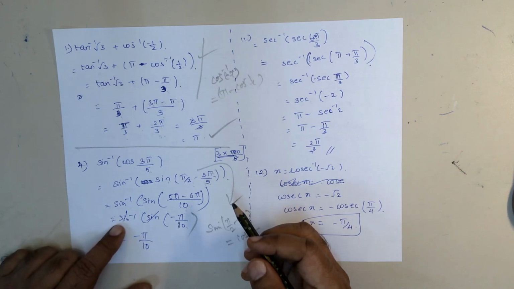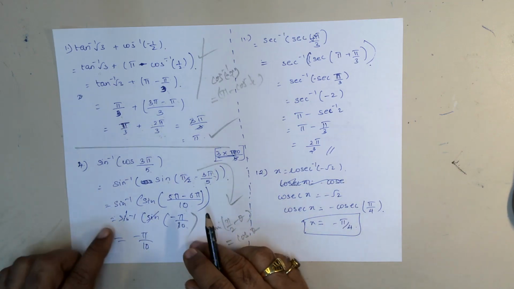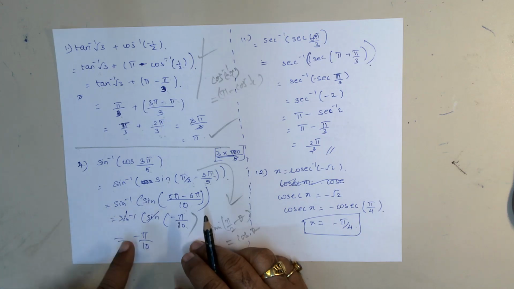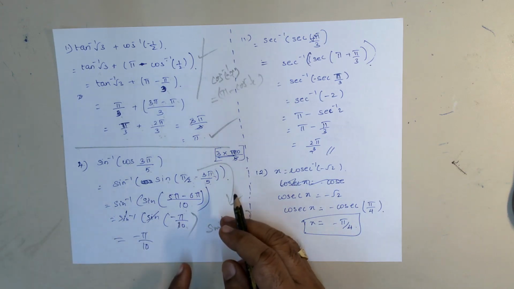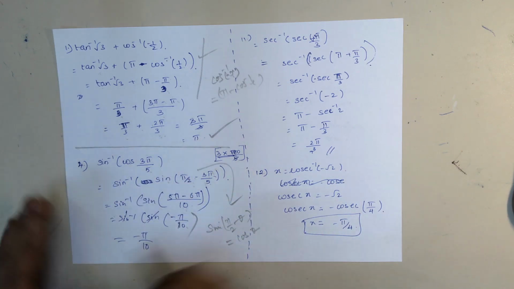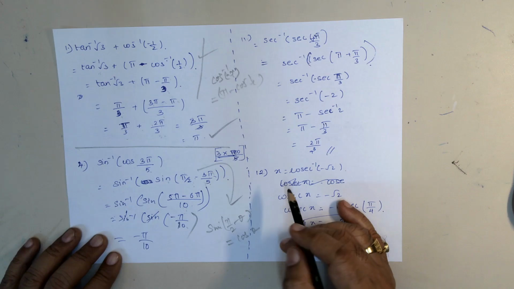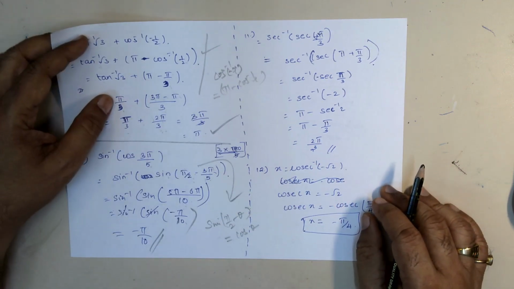So this is sine inverse of sine of minus pi by 10. What is the formula for this one? Sine inverse of sine theta is equal to theta. So you are removing the sine function. The value is minus pi by 10.